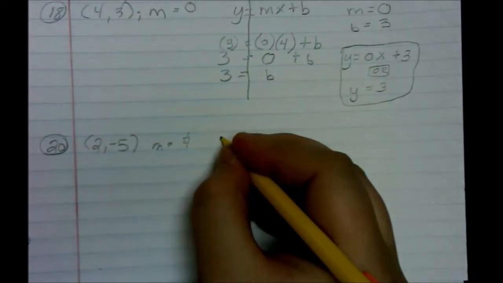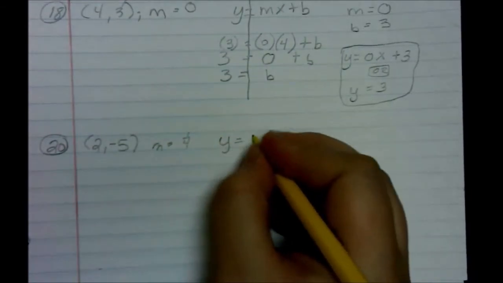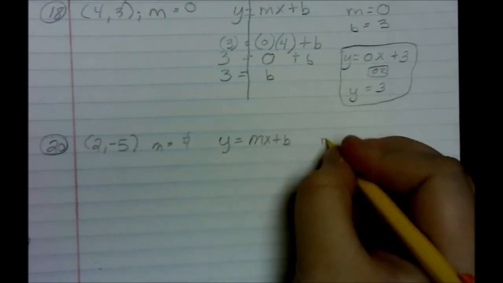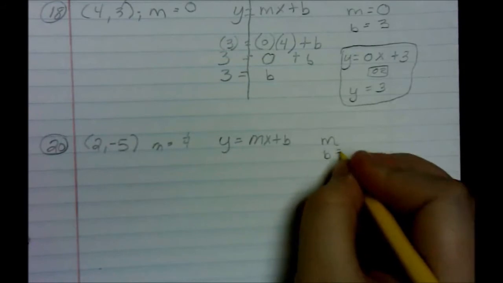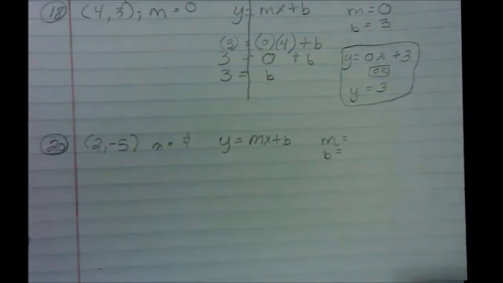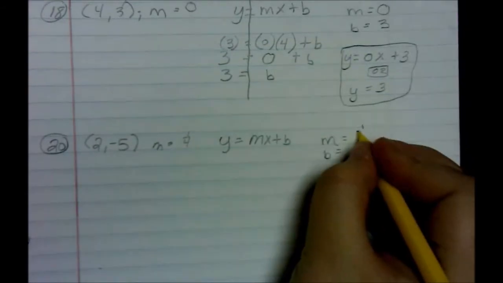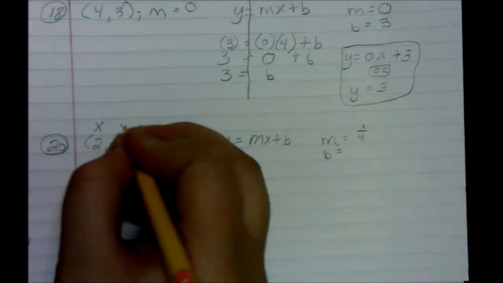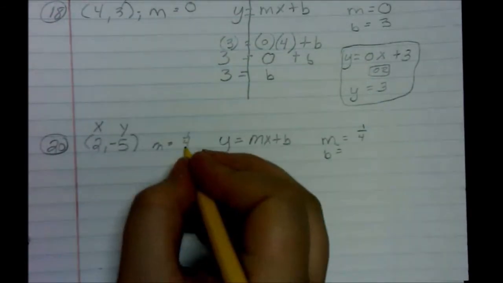So that's y equals mx plus b. Identify your m, identify your b. You should do that first every single time. They tell me my m is 1/4. Now I need to find out my b. So I plug in my x, my y, and my m in place of my equation.